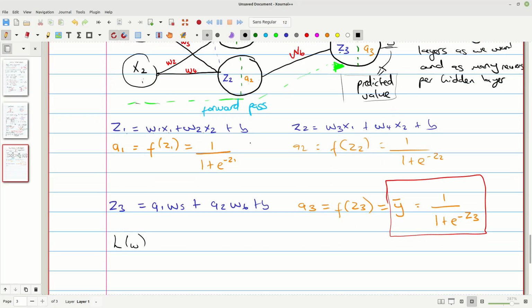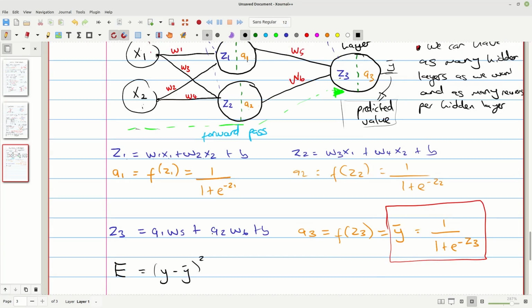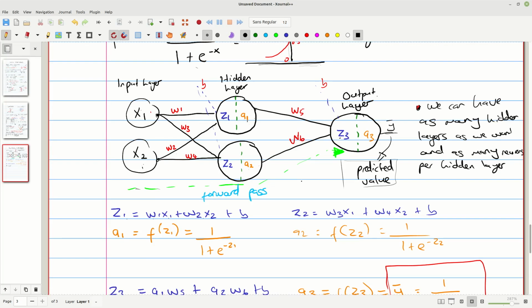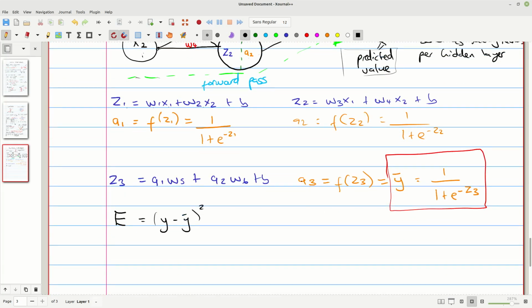We can think of our loss function as our error term, so let's just call it E. Let's say (y minus y bar) squared. This is just an example loss function which works for a regression problem. For a classification problem, we might want to use a binary cross entropy loss function, but we don't need to worry about that now.